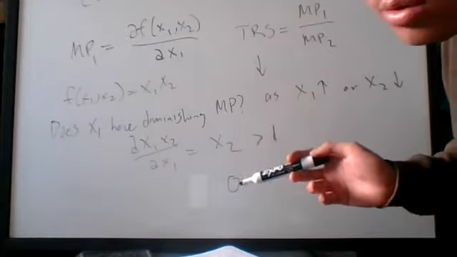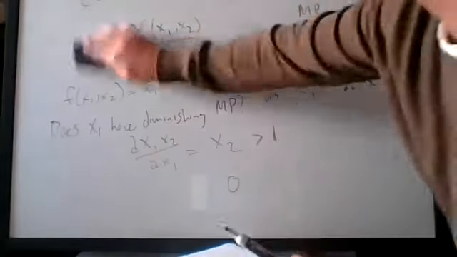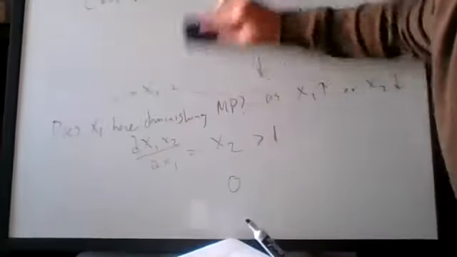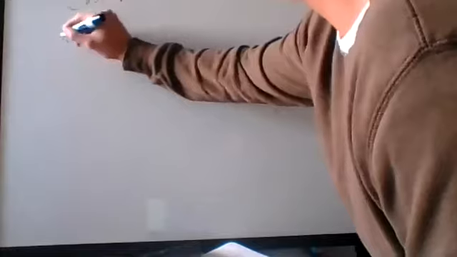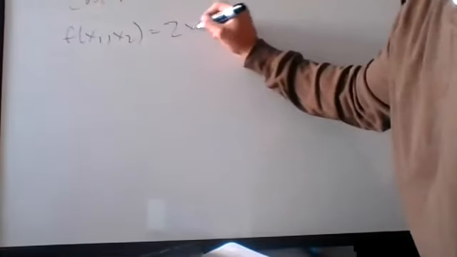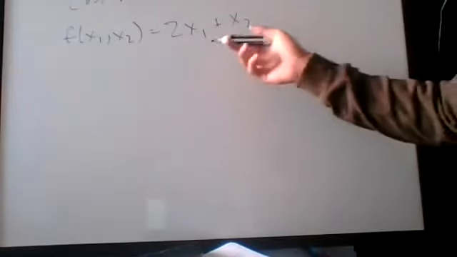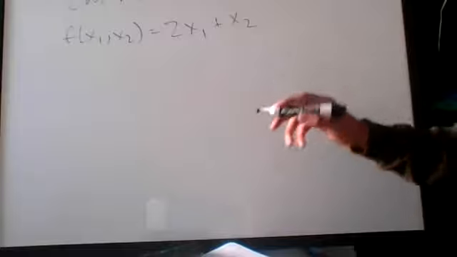And so let's go to Becky's question about a perfect substitutes example of cost minimization. Let's say f of x1, x2 is equal to 2x1 plus x2. This is a perfect substitutes question.